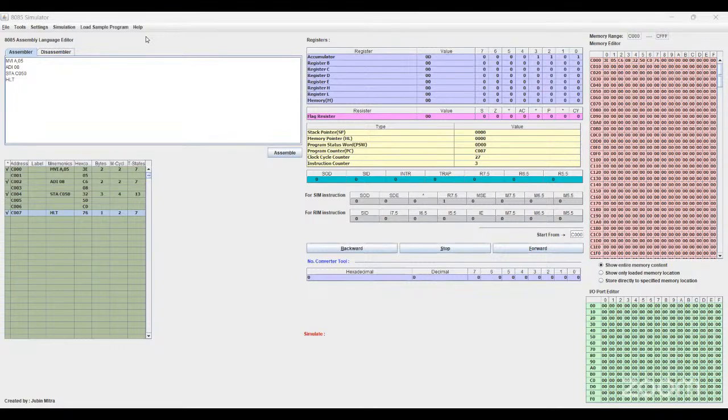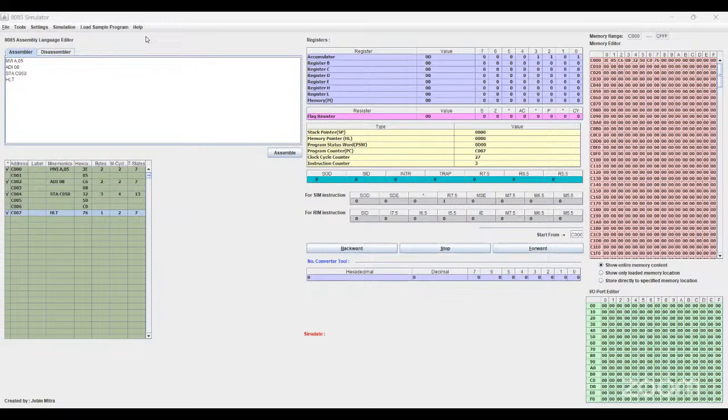Then SBB. So subtract the source and borrow from the accumulator. So in SBB R, the contents of the operand and the borrow flag are subtracted from the contents of the accumulator, and the result is placed in the accumulator. If the operand is a memory location, its location is specified by the contents of the HL pair.